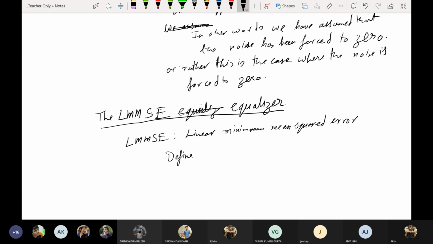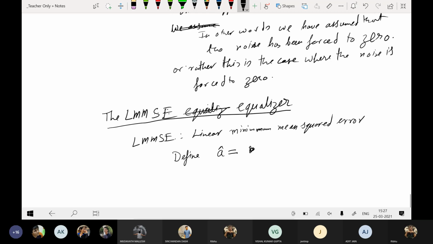Define a hat equals, say, what symbol should I use? Z we haven't used, right?